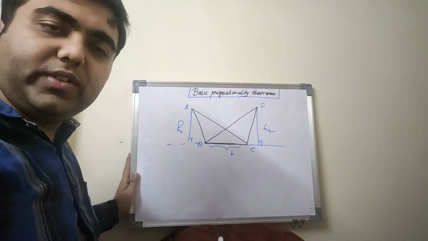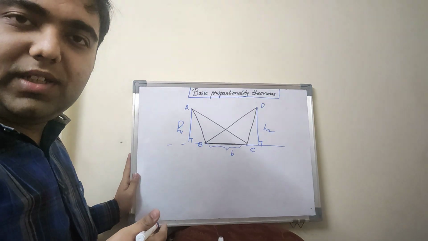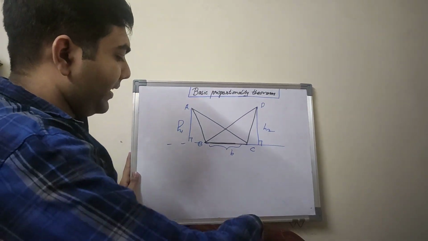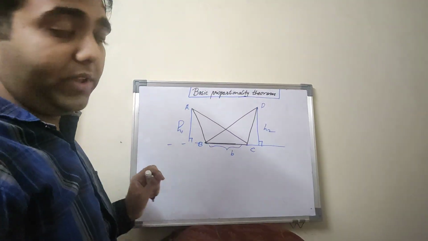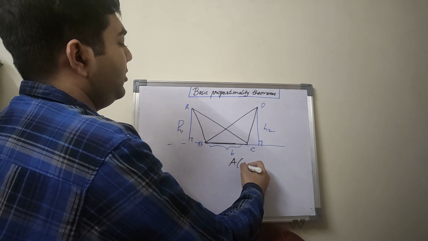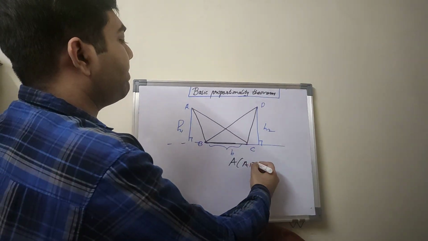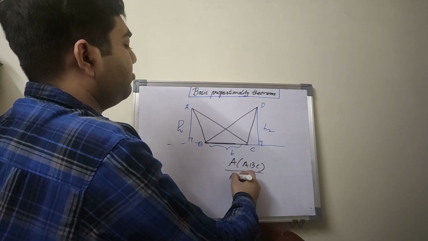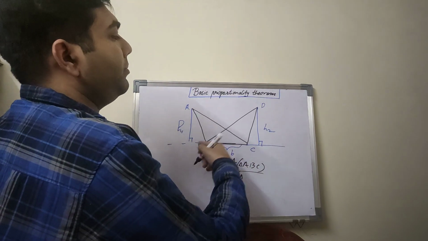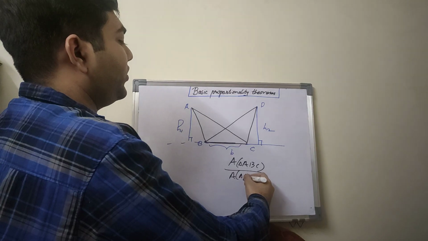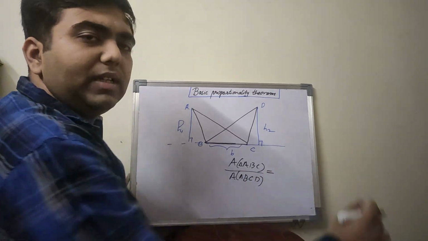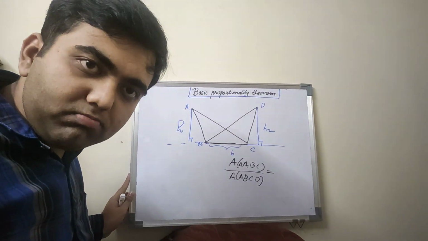I'll then write the ratio of the areas of these two triangles. So let's just write them. What's it's going to be: area of triangle ABC upon area of triangle BCD, B1 into H1 upon B2 into H2.